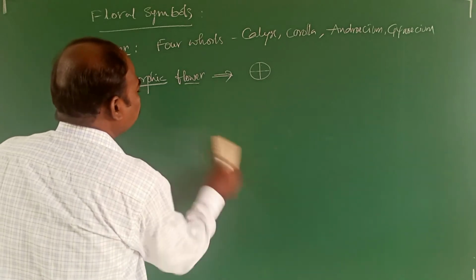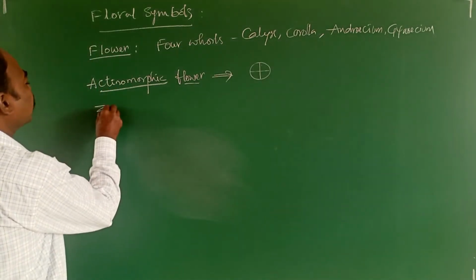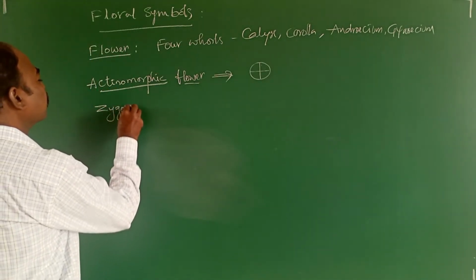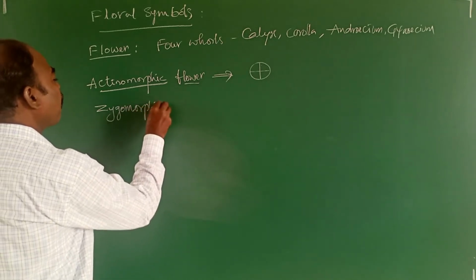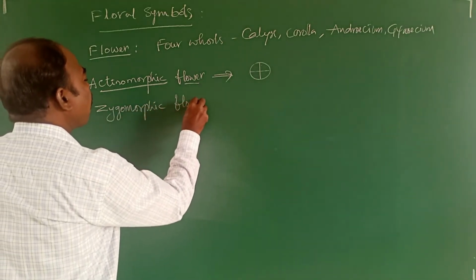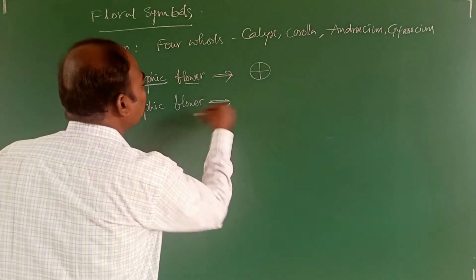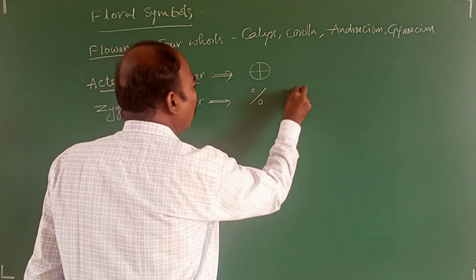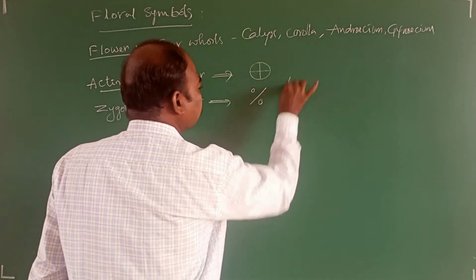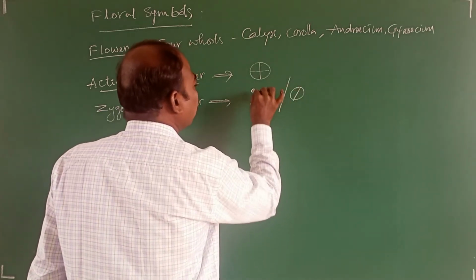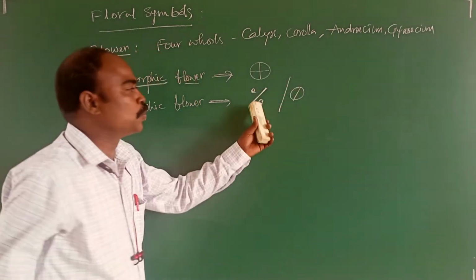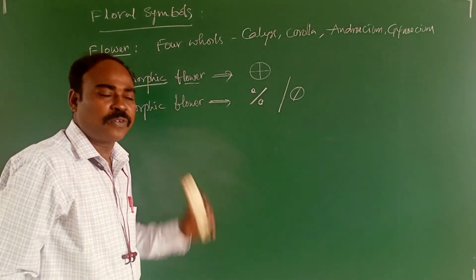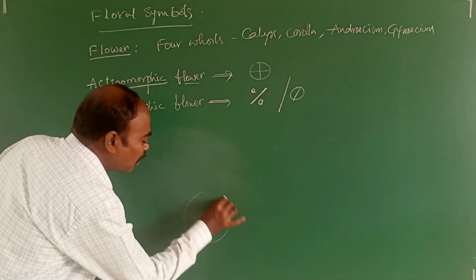That is the symbol. To explain a zygomorphic flower, the symbol is a percentage-like mark. Generally, this symbol is used to explain the zygomorphic flower. What is a zygomorphic flower?